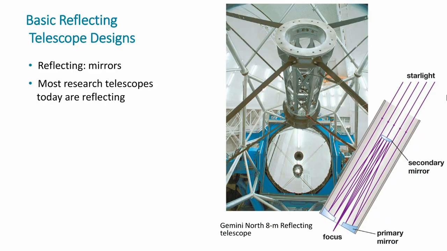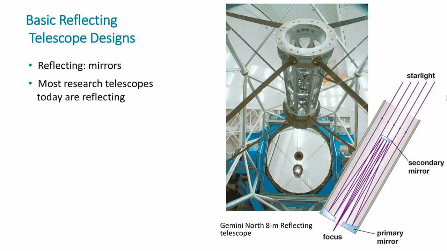Because the time it would take for this light to focus, instead of going down one long tube, now the light can bounce back and forth in a much shorter tube and still be focused. And you can actually get bigger size telescopes by building them as reflecting telescopes, because the light's able to bounce back and forth and reduce the tube length that you need to put all your optics in.